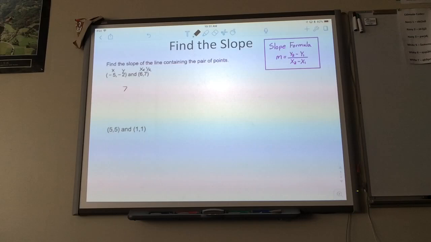So 7 minus -2 over 6 minus -5. I'd be very careful on this. Most people make mistakes because the formula itself involves minuses, just like this one. So there's a lot of times where they cancel out like they just did. So that's going to be 9 over 11, and we would simplify that if we could.